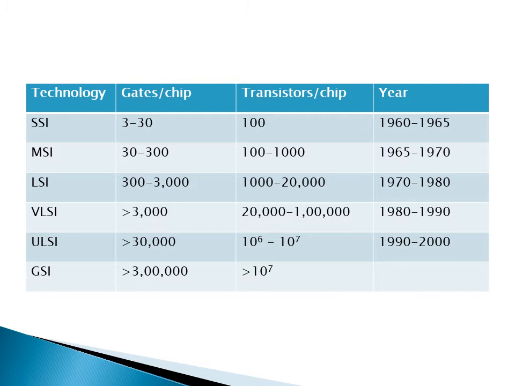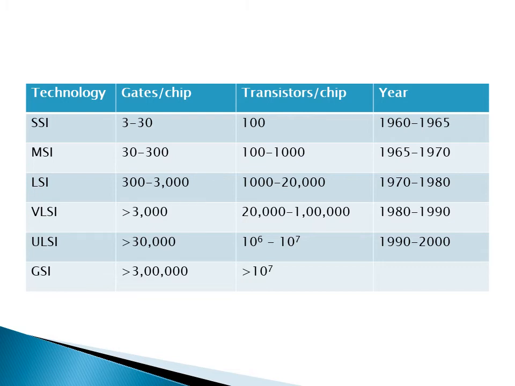Again, we have a 10 times increase of gates or transistors that can be incorporated into a single IC. Then we have VLSI, very large scale integration technology, where we can integrate more than 3000 gates onto a chip and up to 1 lakh transistors per chip. And then we have ultra large scale integration, where we can have more than 30,000 gates per chip or 10 power 6 to 10 power 7 transistors per chip.